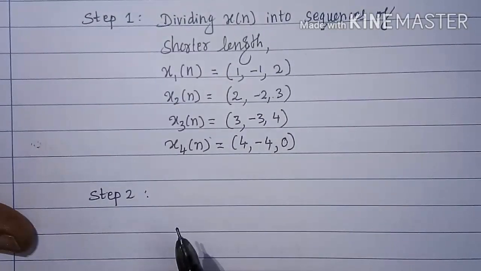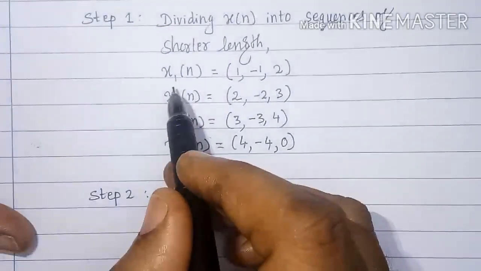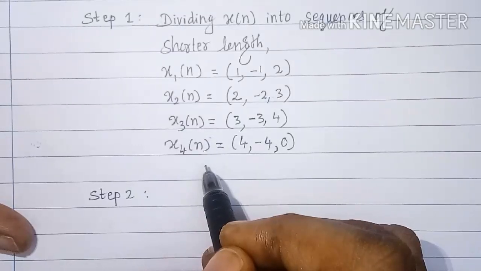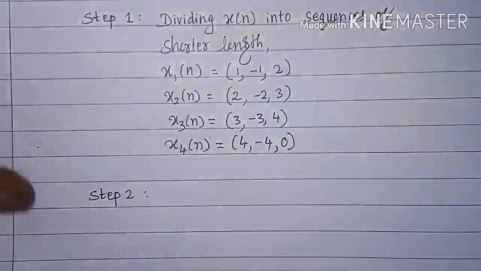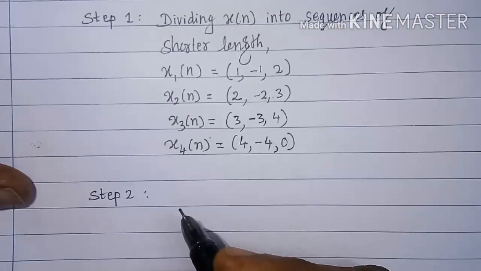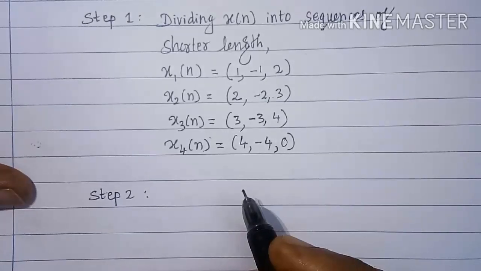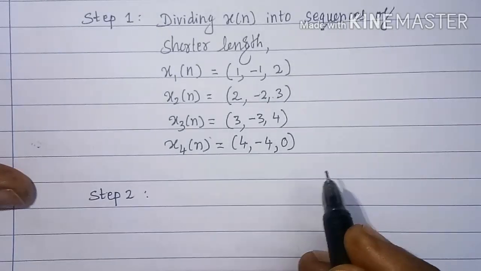In step 2, we have to find the circular convolution sums of x1 of n, x2 of n, x3 of n, x4 of n with h of n. And the outcomes we will call as y1 of n, y2 of n, y3 of n, and y4 of n.